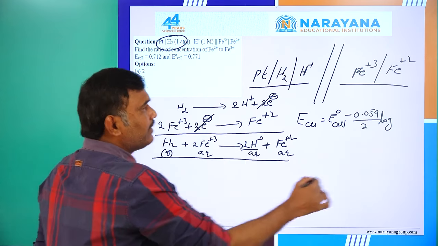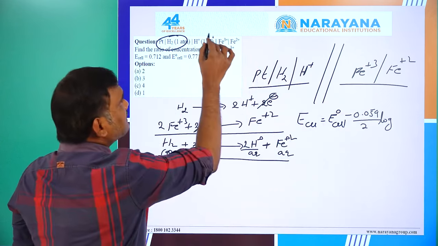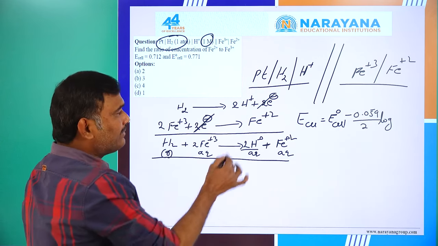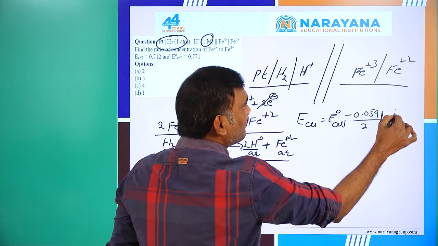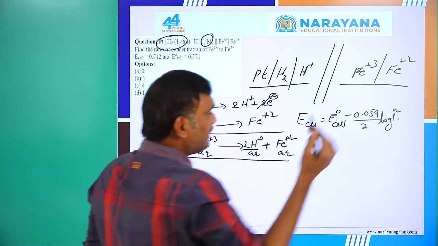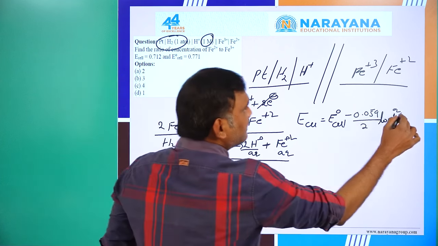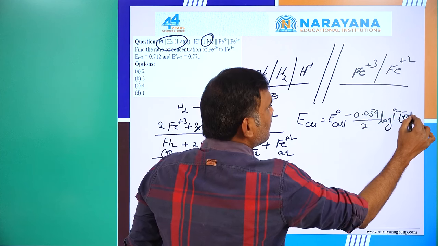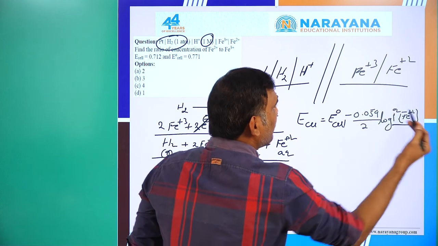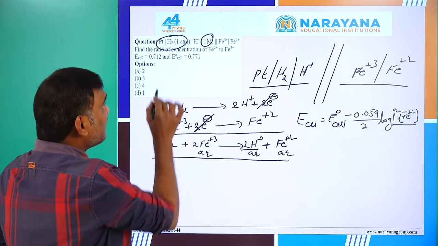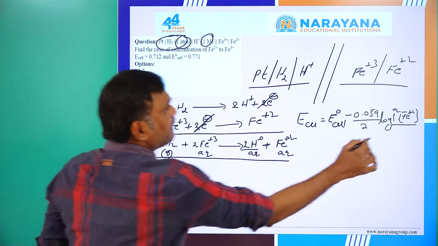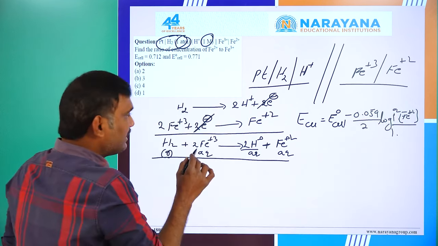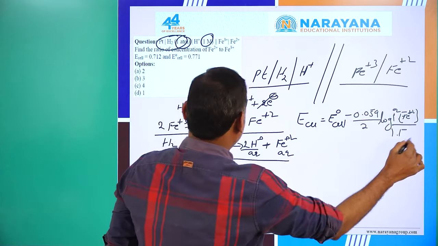Product is H plus whole square, and H plus concentration is 1 M, so 1 whole square needs no consideration, into Fe +2 concentration, divided by the pressure of hydrogen, given as 1 atmosphere, into Fe +3 whole square.